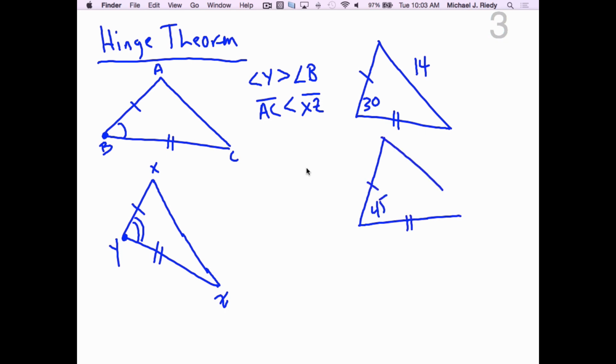The light keeps changing. Possible values of x, please.